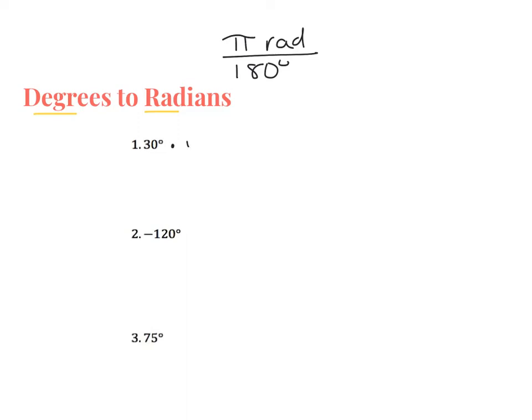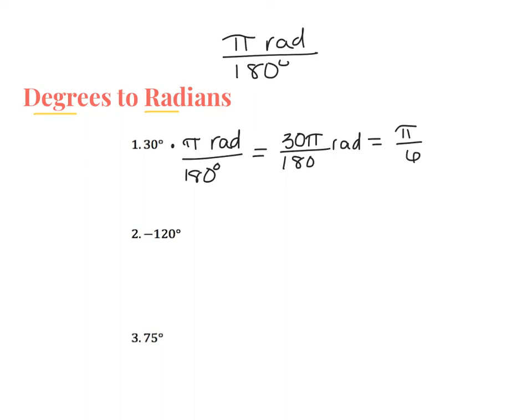So I want to convert by writing pi radians on top divided by 180 degrees. We want to keep this exact, so we're going to treat pi like a variable. So really what we have is 30 pi over 180. This is going to be in radians. We reduce that fraction to pi over 6.